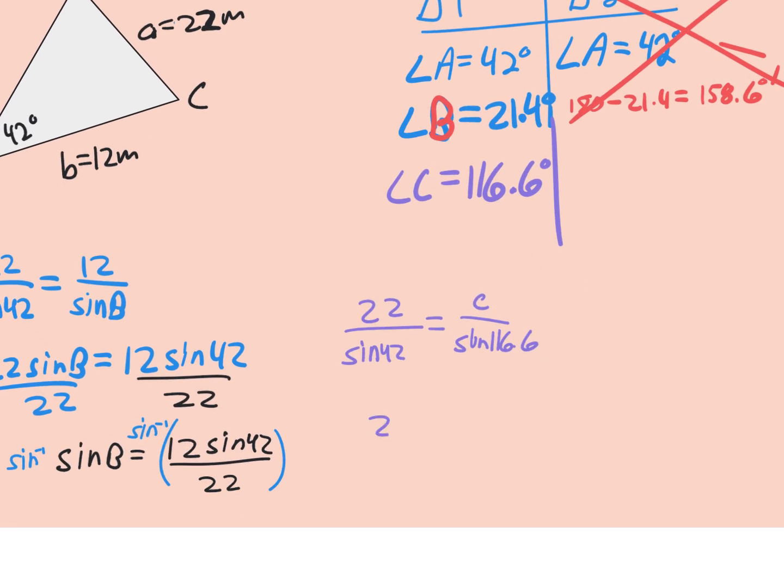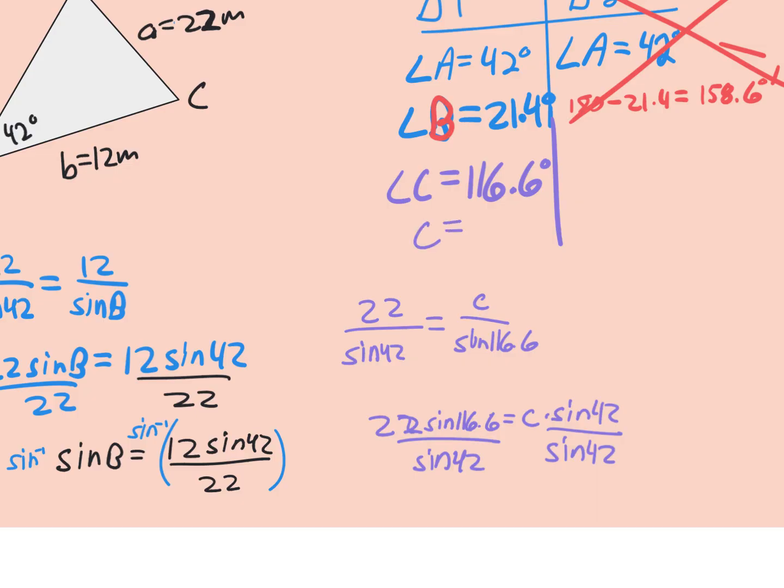When you cross multiply, this gets you 22 times sine of 116.6 equals C times sine of 42, and then you can divide both sides by sine of 42. All right, there's no sine inverse or anything here. You're just going to plug this right into your calculator.